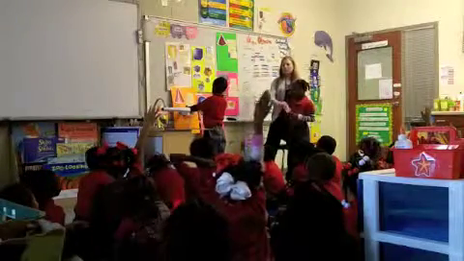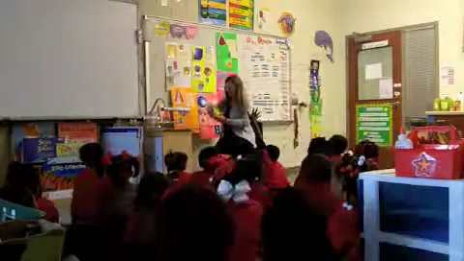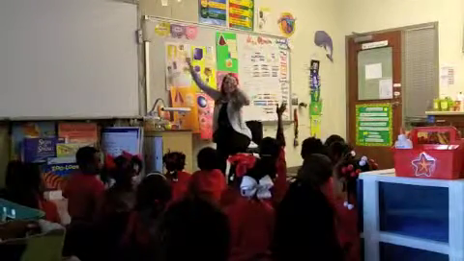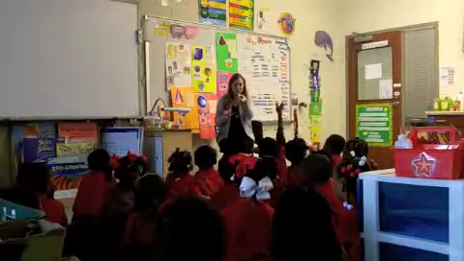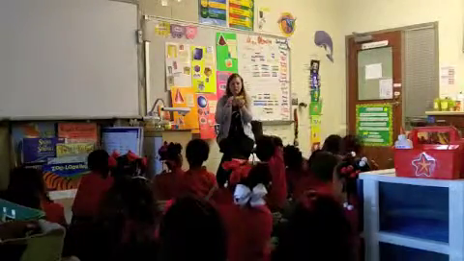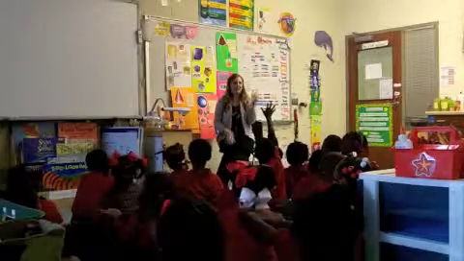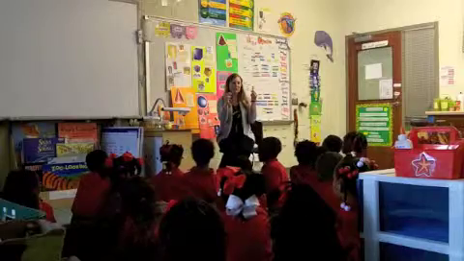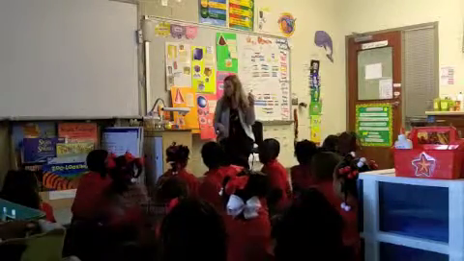All right, Jory's going to show you a book. I have a real life shape. What shape is this? Circle. What shape is this? Circle. Do you see any points? No. Guess what this is called? A cylinder.